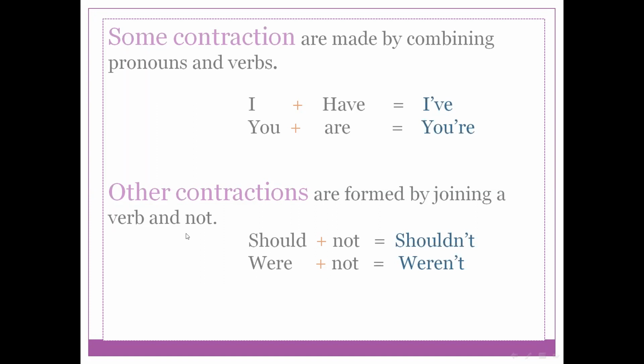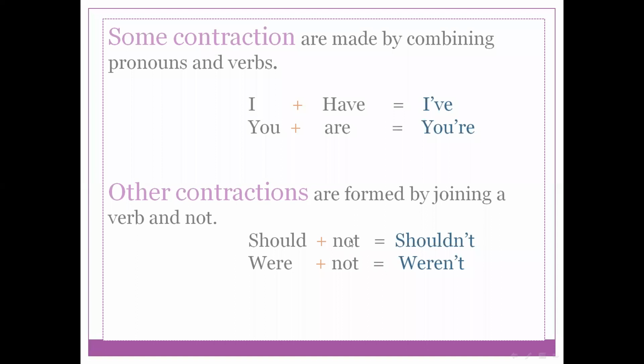Here, pronoun with verb. Here, verb with not. Should not, were not. Here, should and were are verbs. Not is a negative.